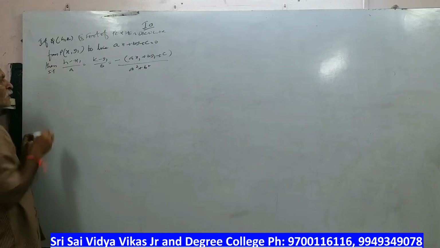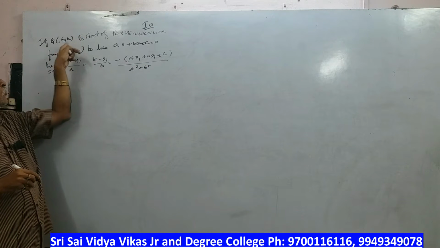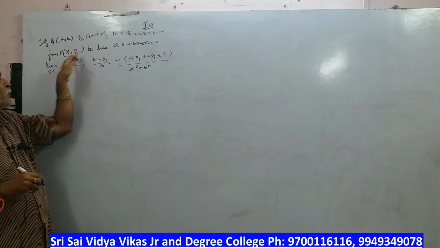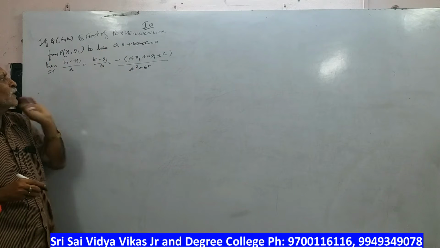Show that. What he says: Q(h, k) is the foot of the perpendicular from P(x1, y1) to the line ax plus by plus c is equal to 0.